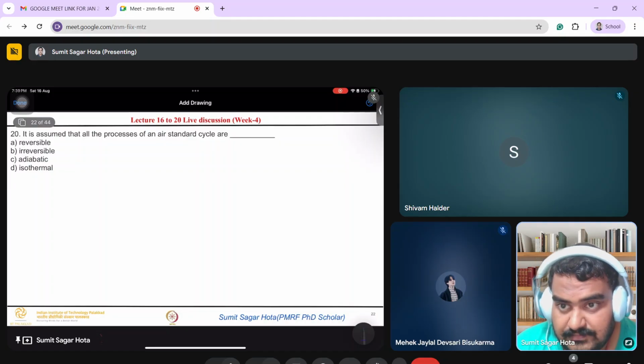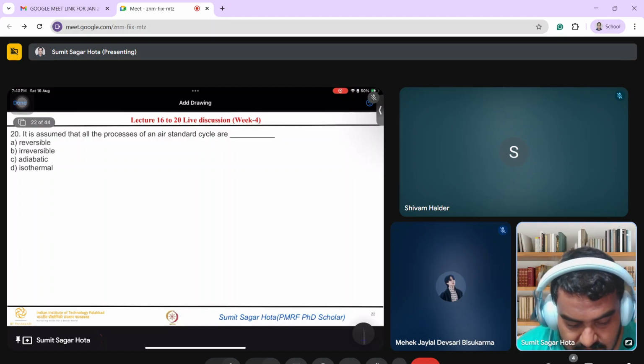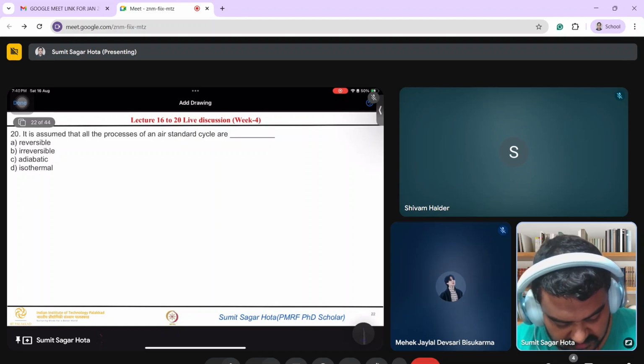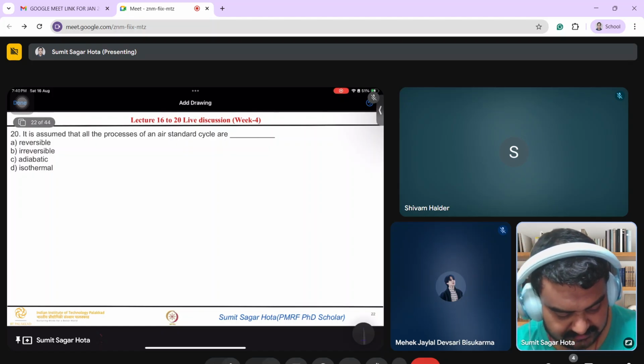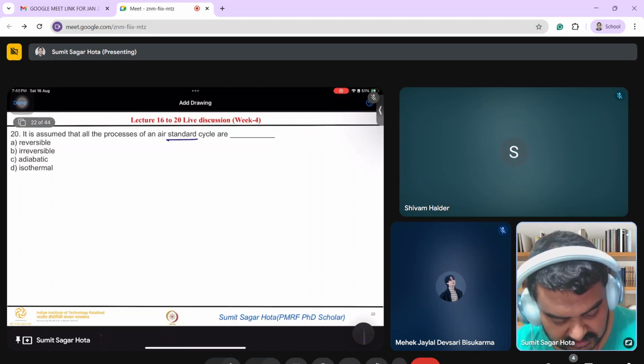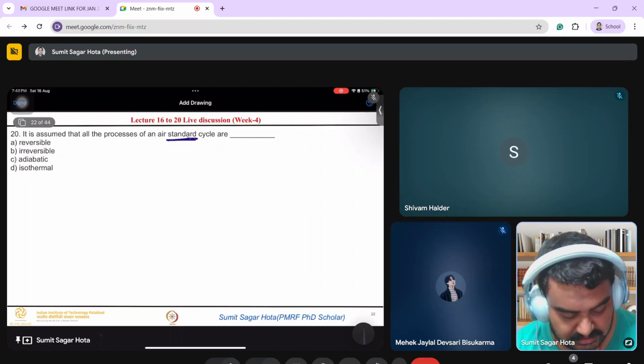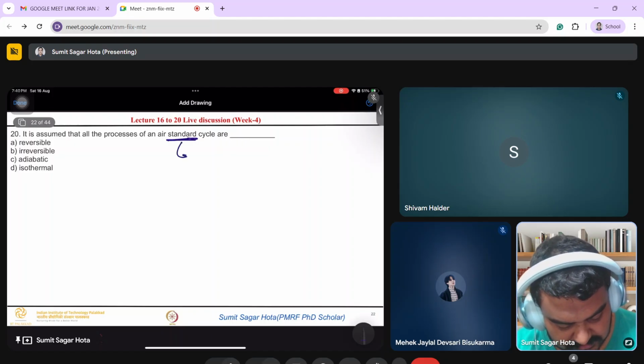So next question. It is assumed that all the processes of an air standard cycle are dash. The question itself gives the answer. If you read the question carefully, the answer is already written. They just wrote standard. Standard means always the ideal condition, which means it's reversible.